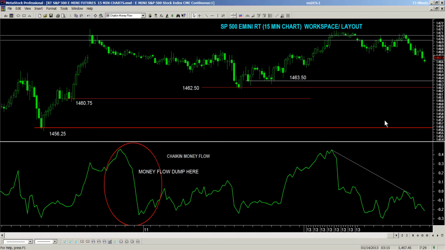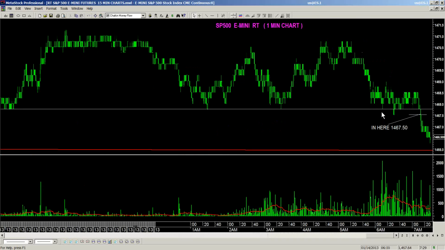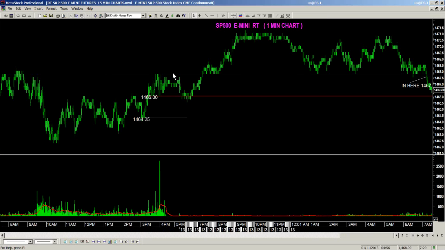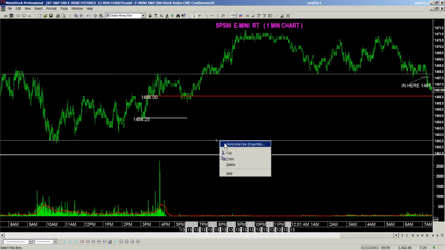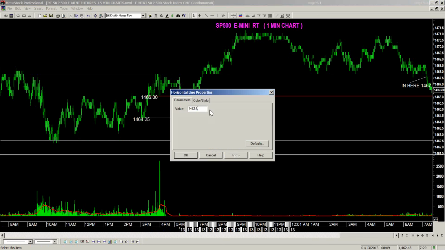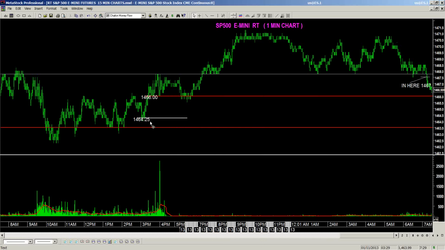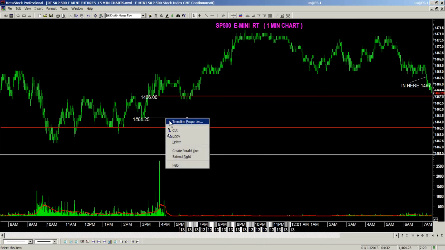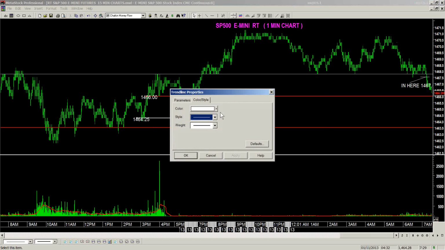1463.50 here, on a price profit target. Possible incremental on the white getting hit.